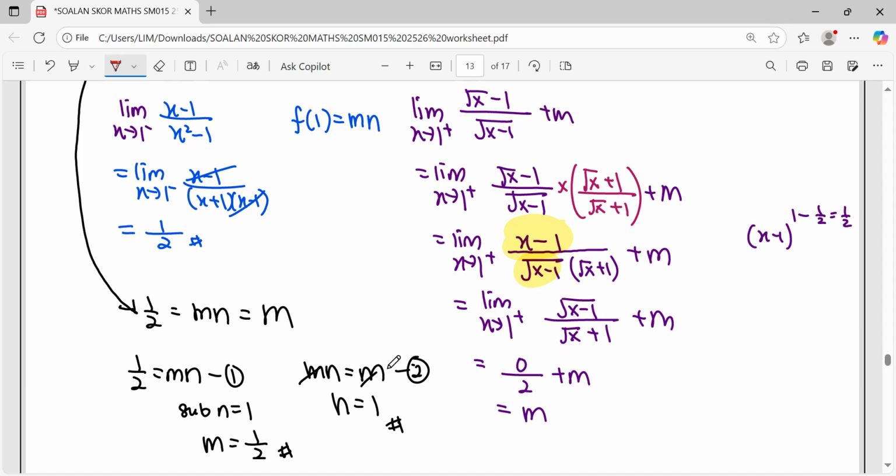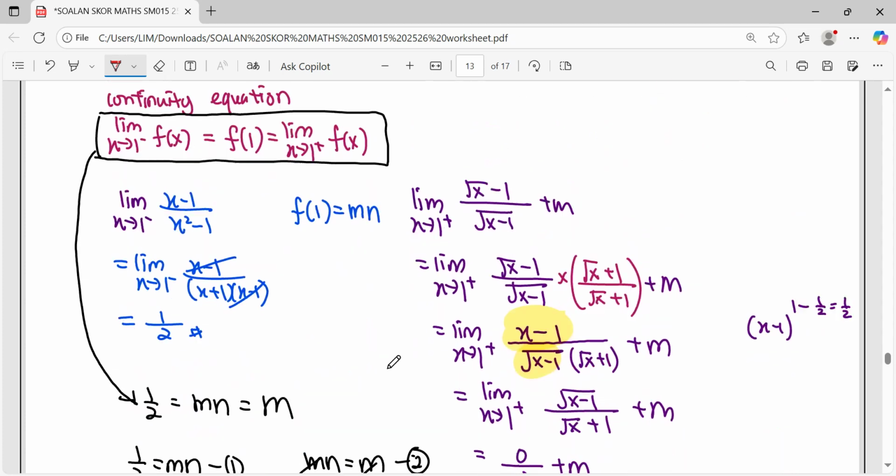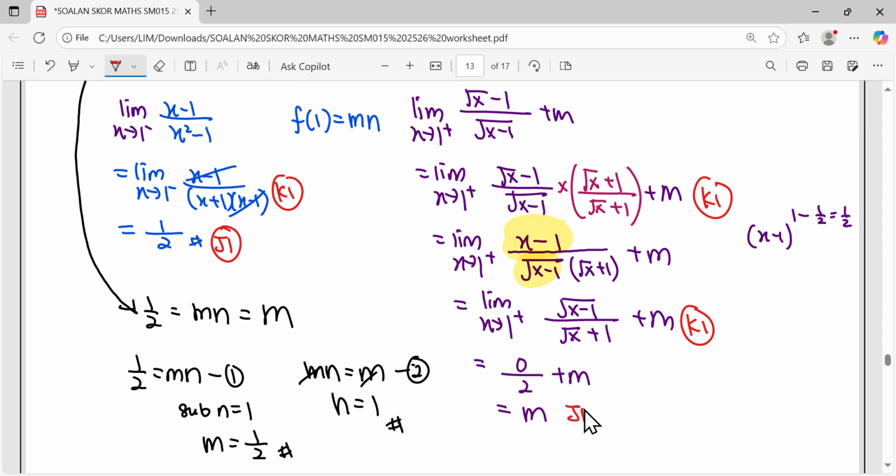Alright, we see how to score this. The first part is finding out, part by part, whether you can solve your limit from the left hand side to get 1 over 2. And then for your limit from the right hand side, you need the concept of conjugate, and then you simplify until this, and you get your answer m. Then write the continuity equation here.